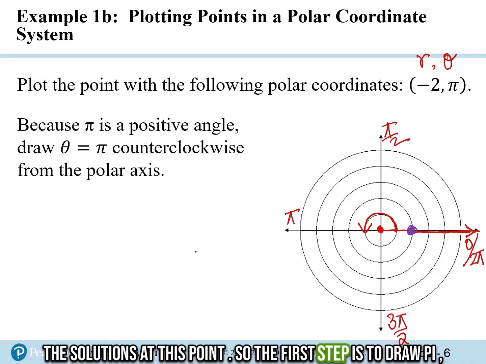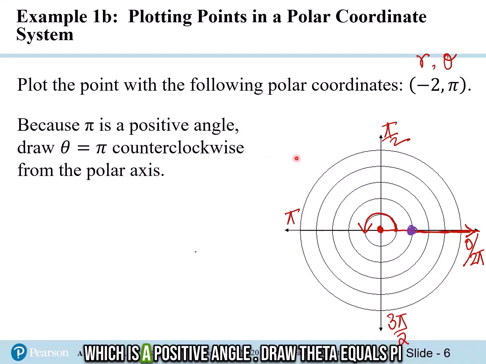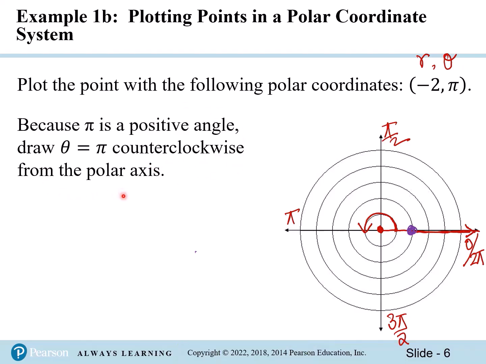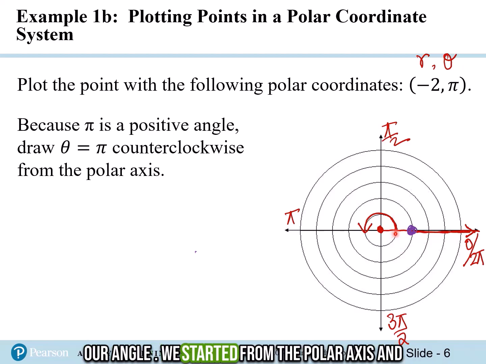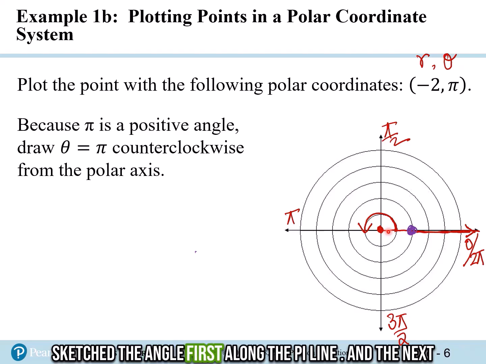So the first step is to draw pi, which is a positive angle. Draw theta equals pi counterclockwise from the polar axis. That's exactly what we did. We drew our angle. We started from the polar axis and sketched the angle first along the pi line.